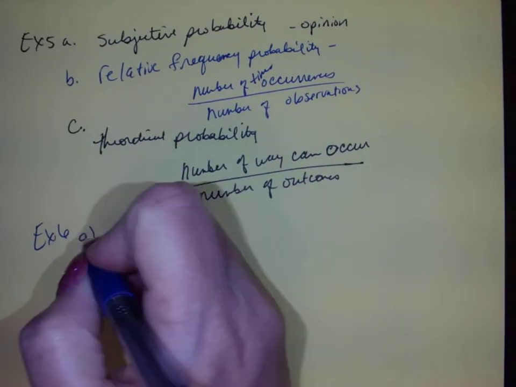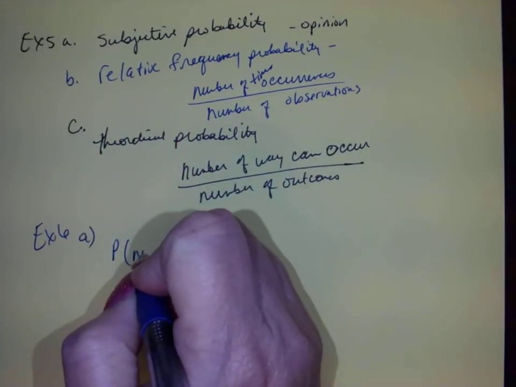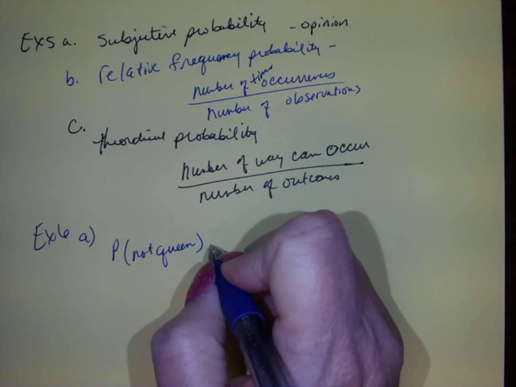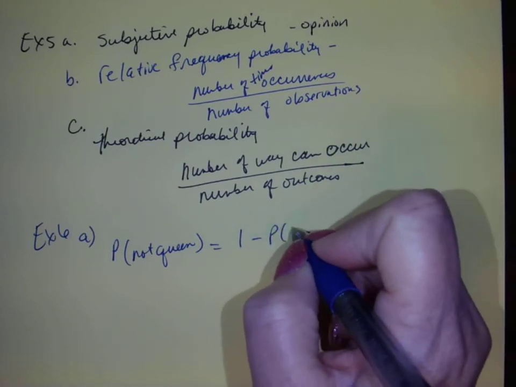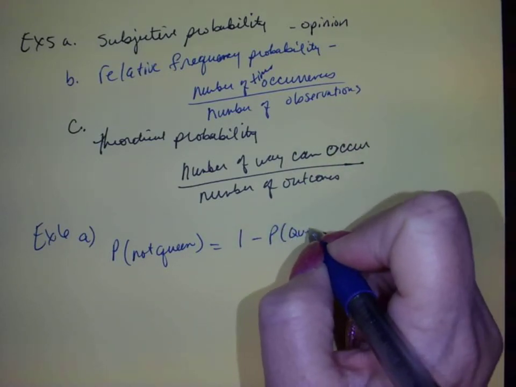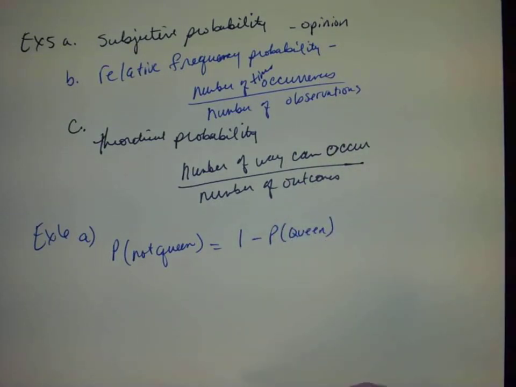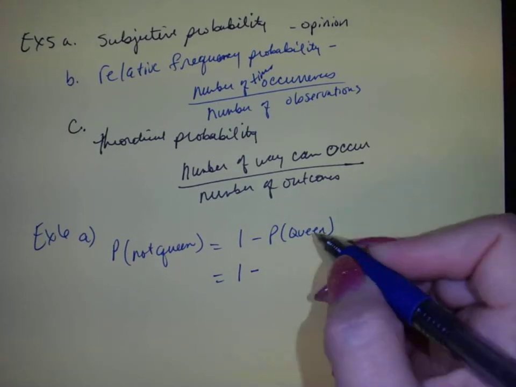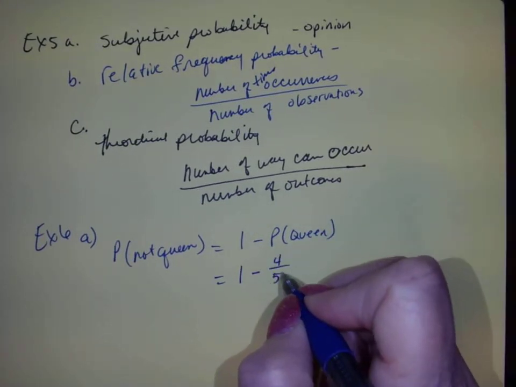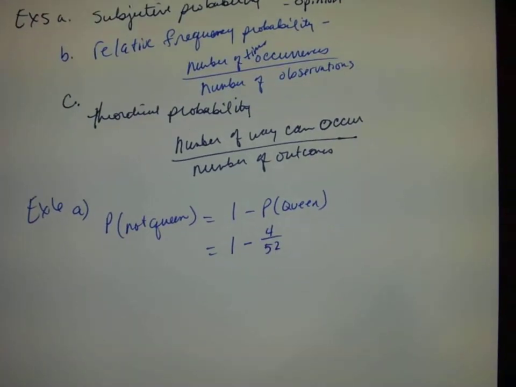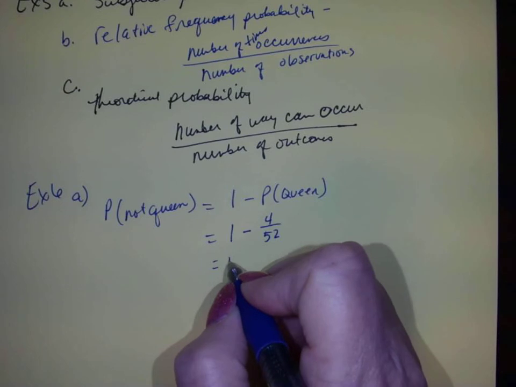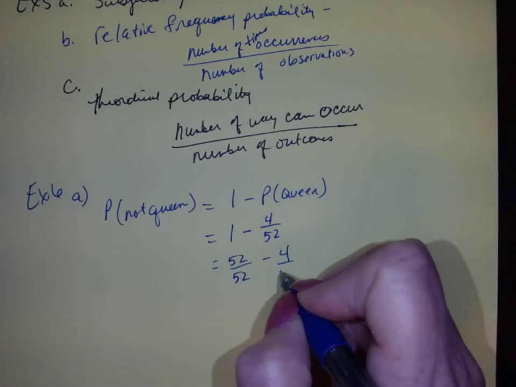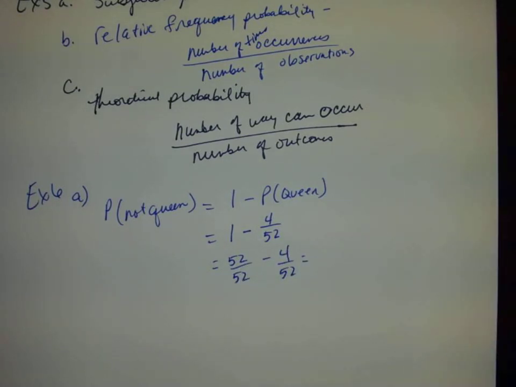So part A would be the probability of not a queen will be equal to 1 minus the probability of drawing a queen. There are 4 queens out of a total of 52 cards. So I need to make a common denominator here. 52 over 52 minus 4 out of 52.